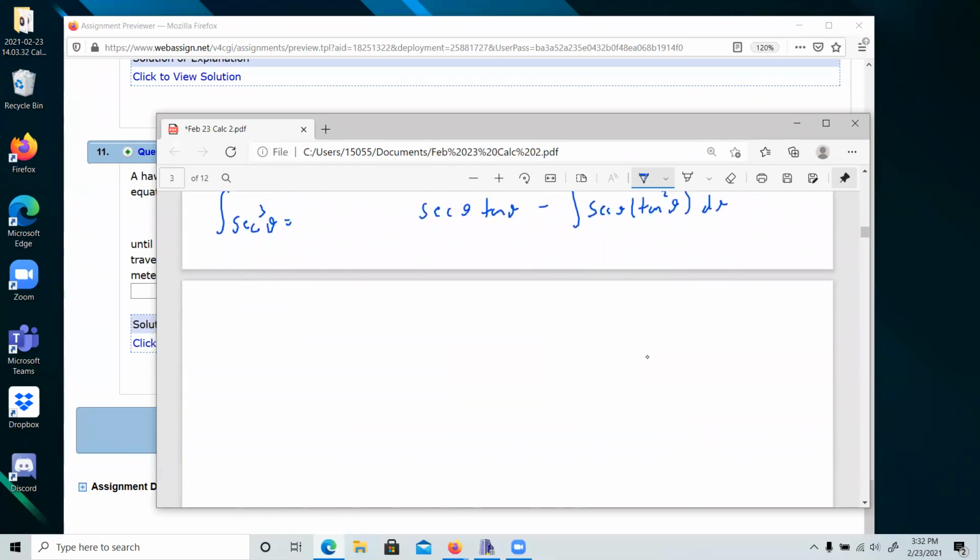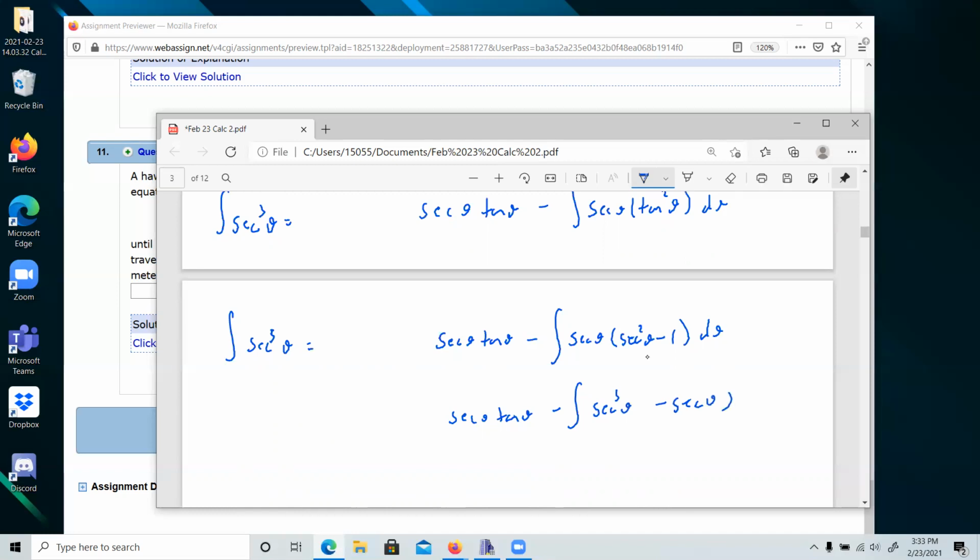So we have the integral of secant cubed theta is equal to secant theta tangent theta minus the integral of secant theta times secant squared theta minus 1 d theta. So that's secant theta tangent theta minus the integral of secant cubed theta minus secant theta.